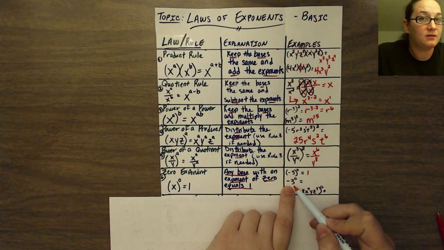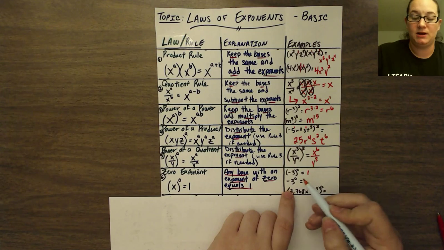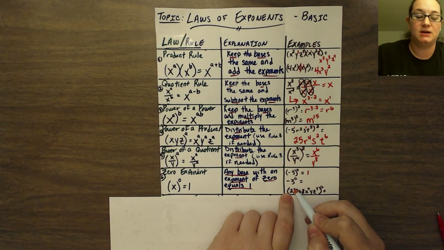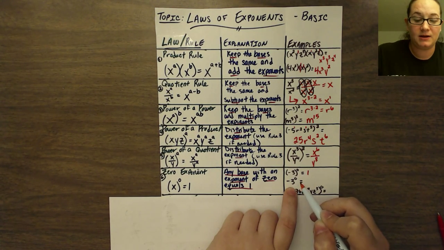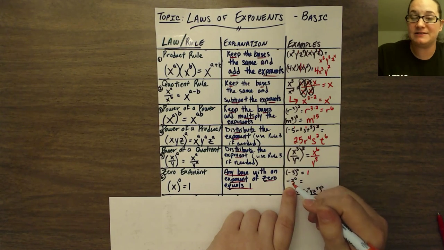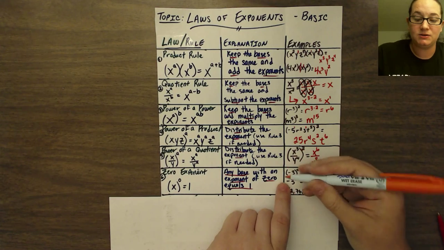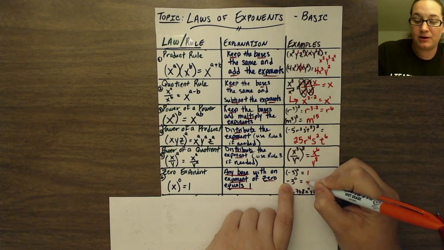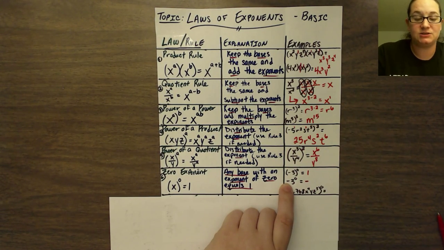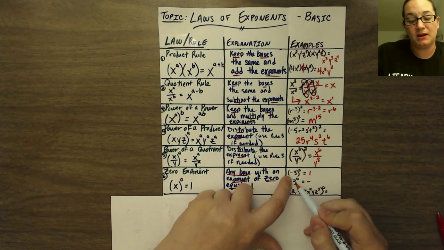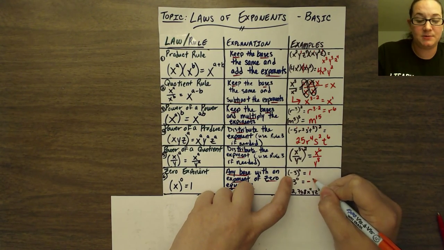Over here, and I put this one on here for a reason, if you notice there's no parentheses. Only the 3 is to the 0 power. The negative is not included, is not inside parentheses like it was up here. So this negative stays separate. I still have that negative. That doesn't change. But the 3 to the 0 power does become a 1.